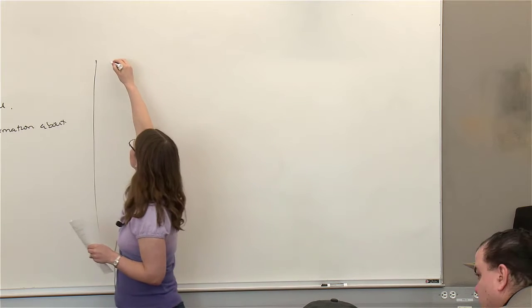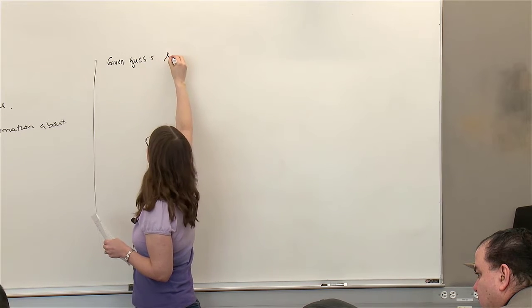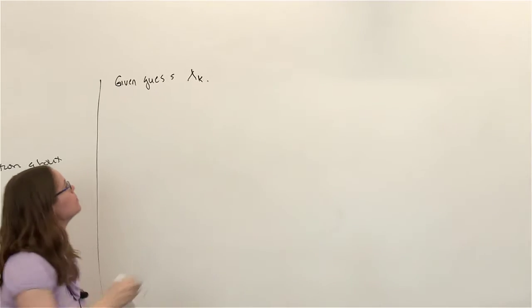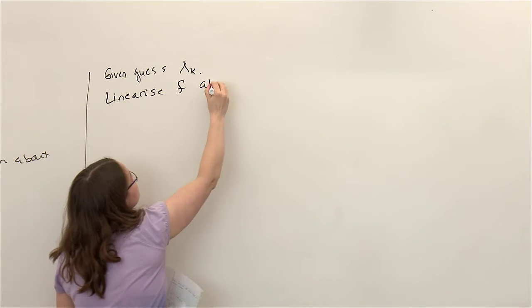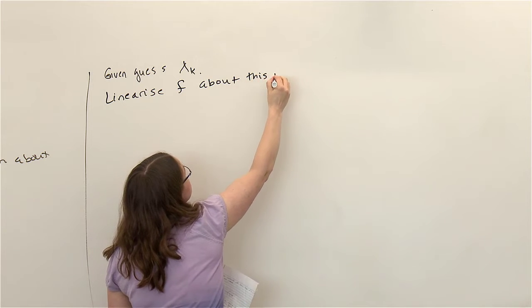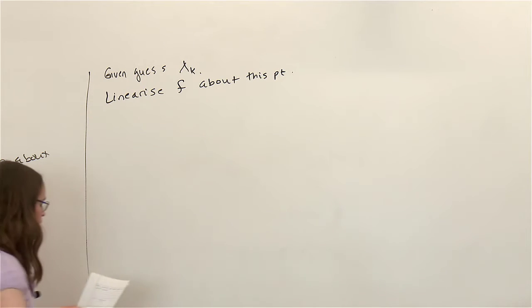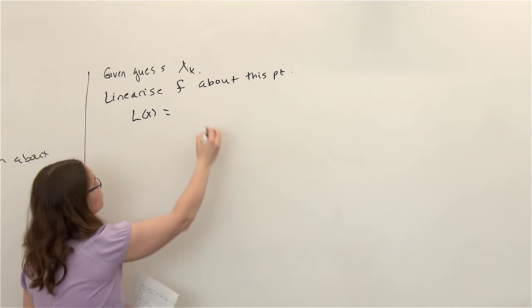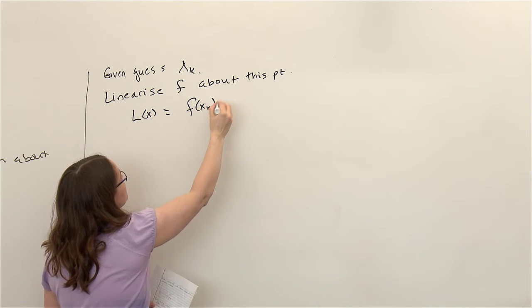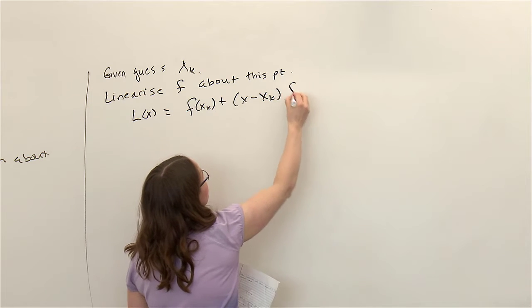Okay, so we're given this guess, xk. So we linearize f. Okay, and we say that, well, if we do that, what do we have? L of x is equal to f of xk plus x minus xk times f prime of xk.